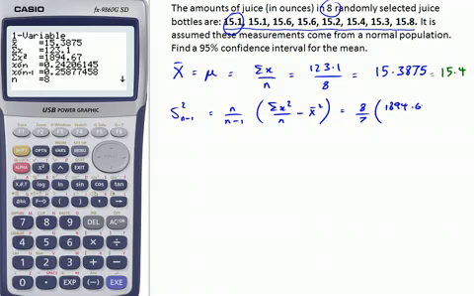Remember, all of these figures we're just copying straight from our calculator and convincing anybody reading it that the formulas are being used. So we have that divided by 8 minus, in this case our mean value is 15.3875 squared.